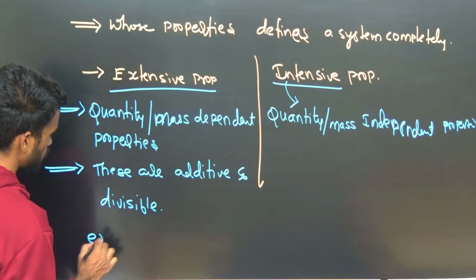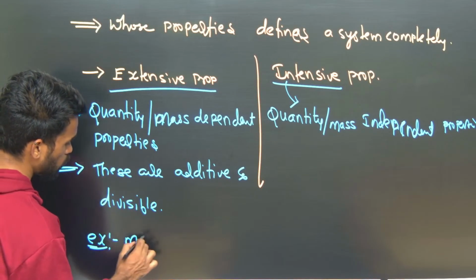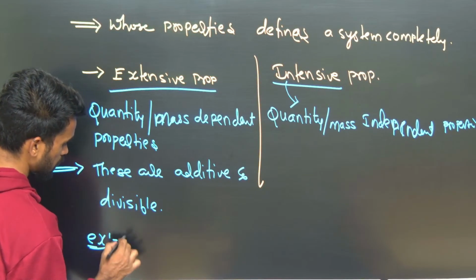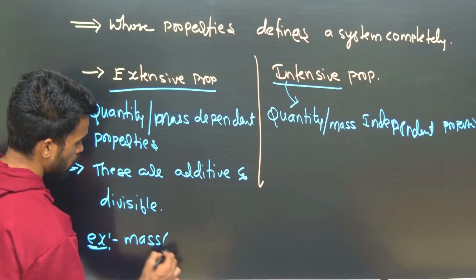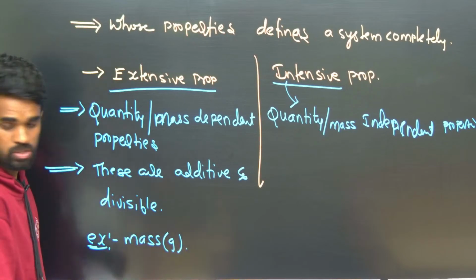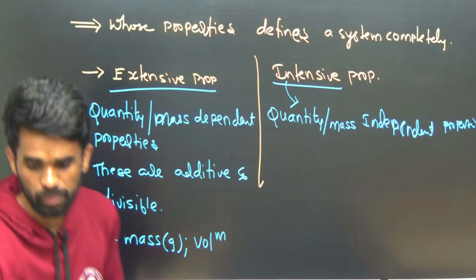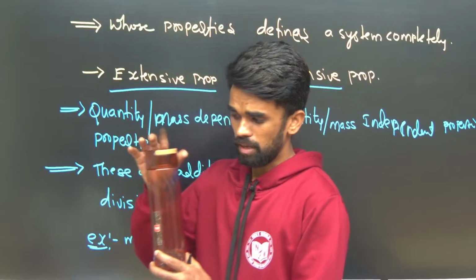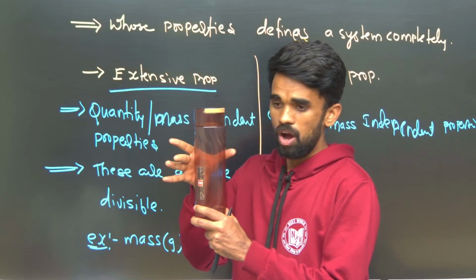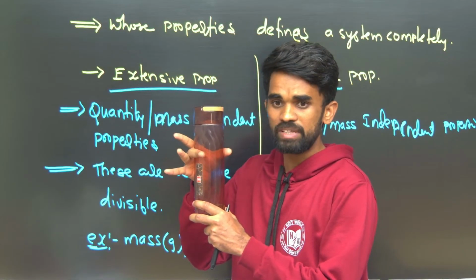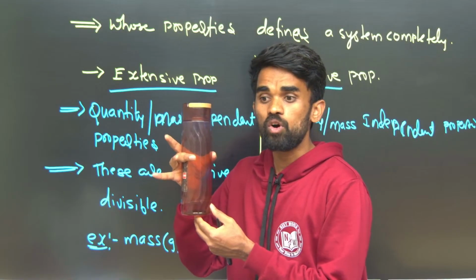Examples you can write: amount of substance, like mass, grams, kgs, whatever you are saying. Now volume. See, volume of a liquid. For example, here I have this bottle, half of the bottle is filled with water. So what is the volume of water?